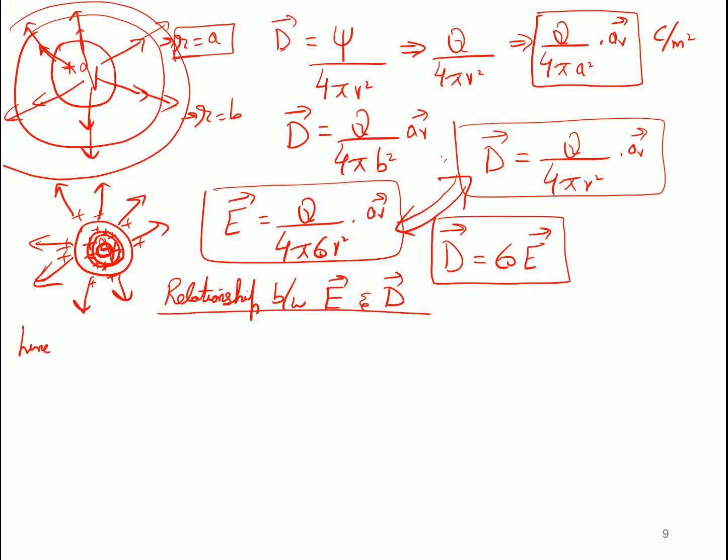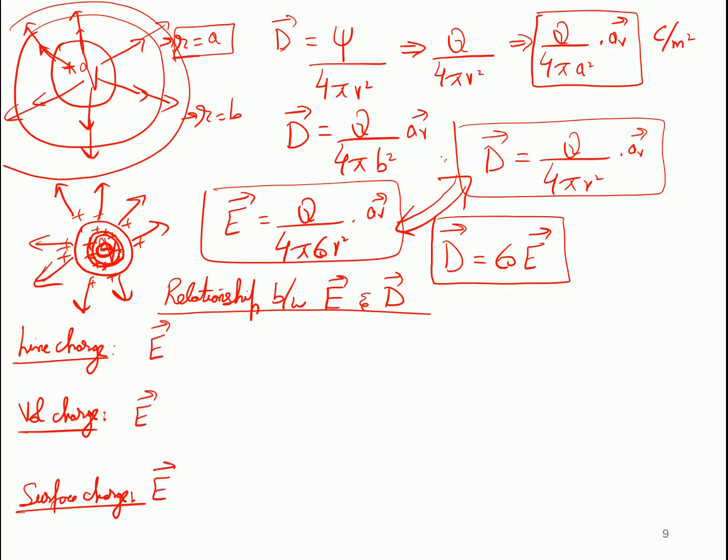For line charge distribution, similarly for volume charge distribution, and similarly for surface charge distribution. So if I want to write the electric field equation for all these charges and then its corresponding electric flux equation, it is going to be as such.